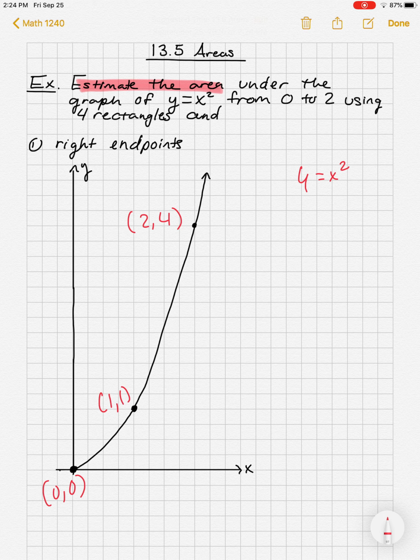So what if I draw rectangles in? Like, okay, what if I say I'm going to take a rectangle and I'm going to draw it in here. And then I'm going to take another rectangle and I'm going to draw it in here.